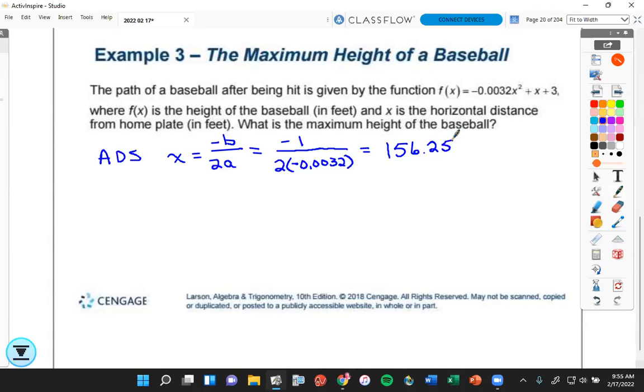Okay. So all I know right now is the distance from home plate to get the highest height. Is that what the question asks for? What's the question want? What is the highest? Okay, which means what is f of 156.25?